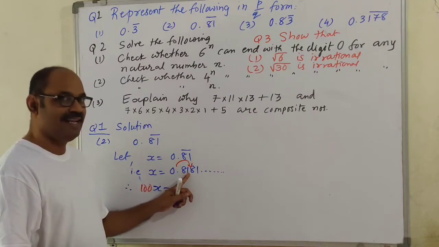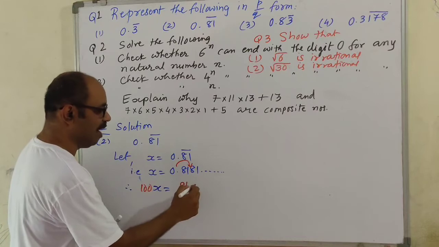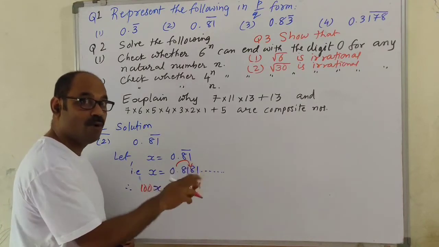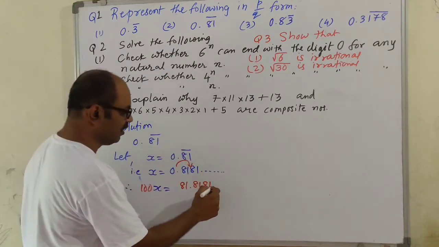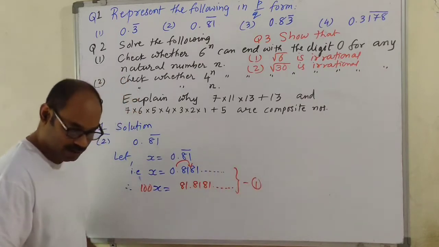So it will be between 81. So I am writing that 81 point. उसके बाद 81. लेकिन हमने कहा point के बाद 2 बार वो recur होना चाहिए. So I can write how many times I want after decimal point. Dot dot dot. Cover this with a bracket and call it result 1.